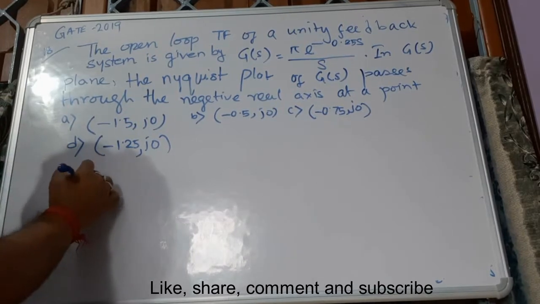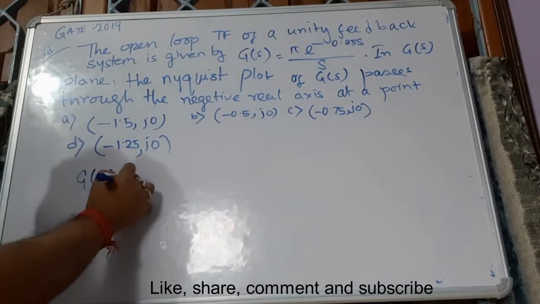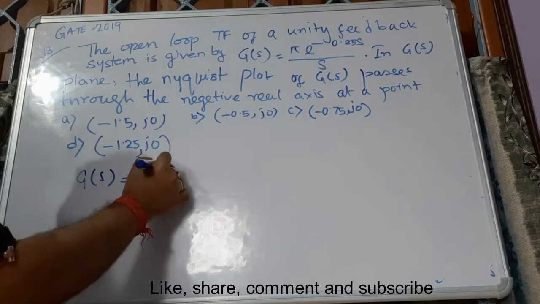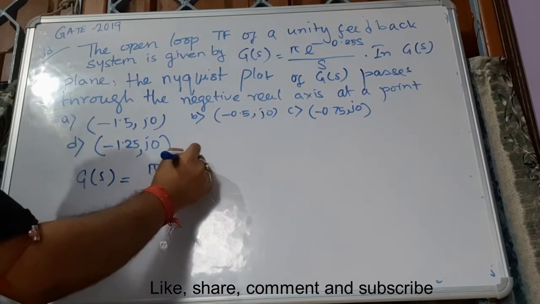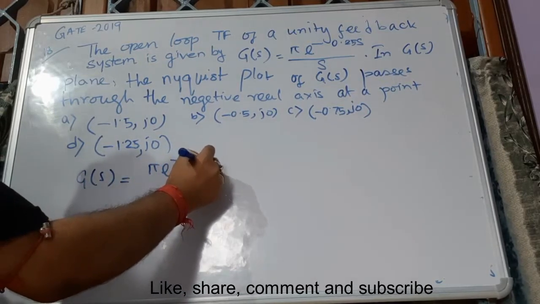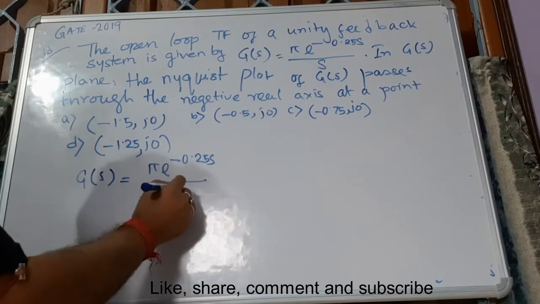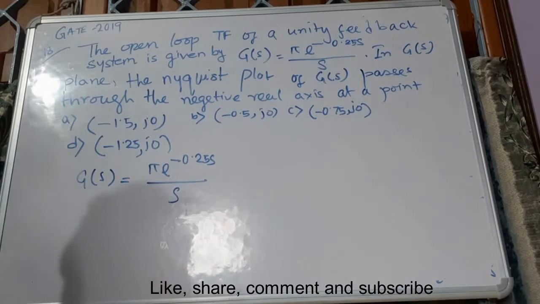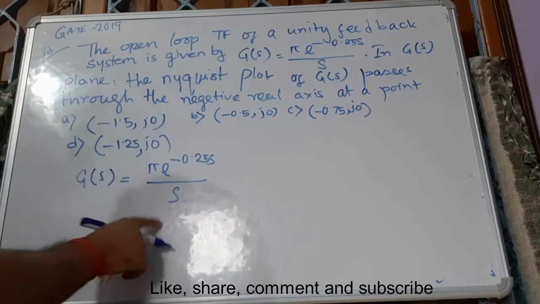We have the transfer function G equals pi e to the power minus 0.25 s divided by s, right? Now we need to find the angle.